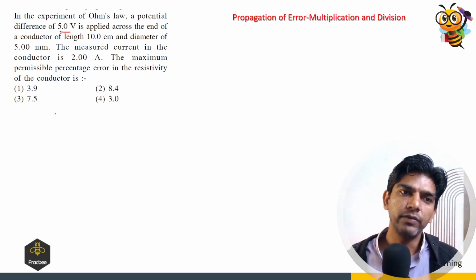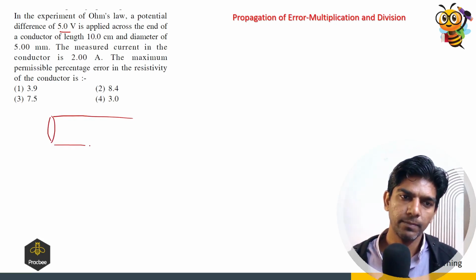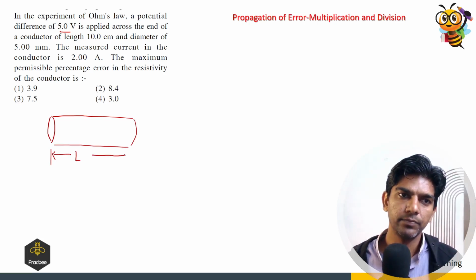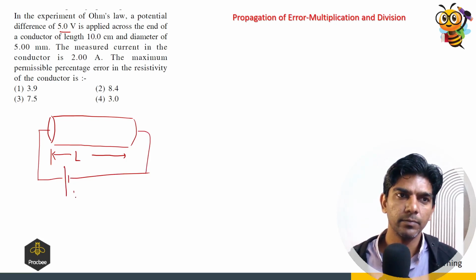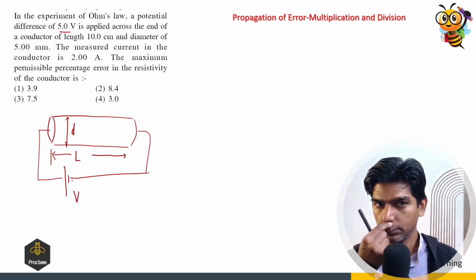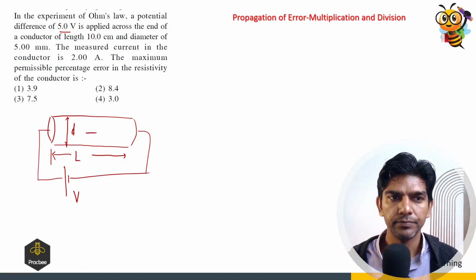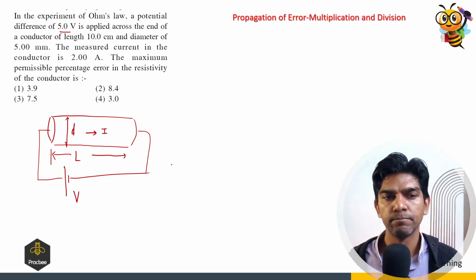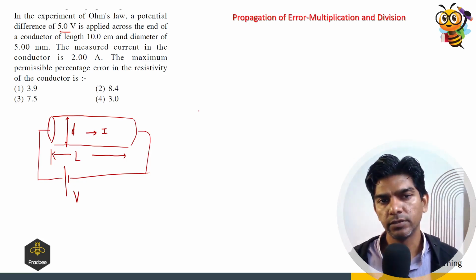So here, what we have given, there is a conductor. We have given length and we have given how much potential we are applying, and diameter is also given, and the current is also given, right? And we have to find the resistivity.